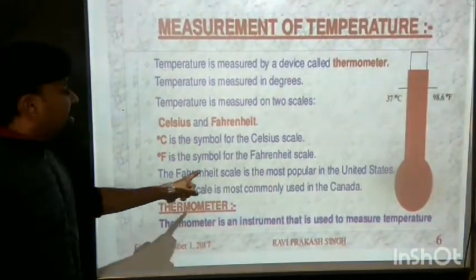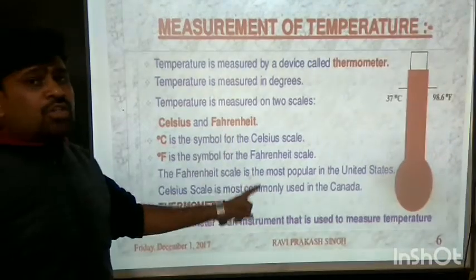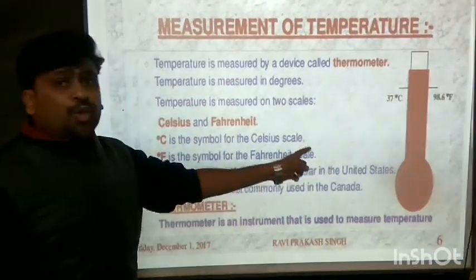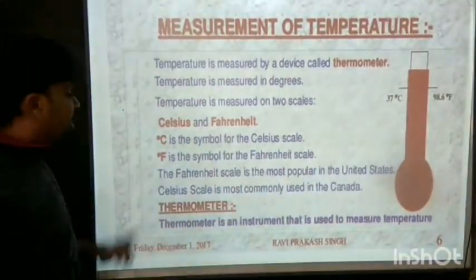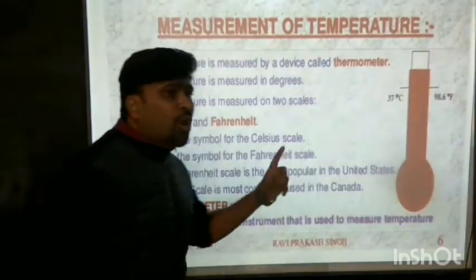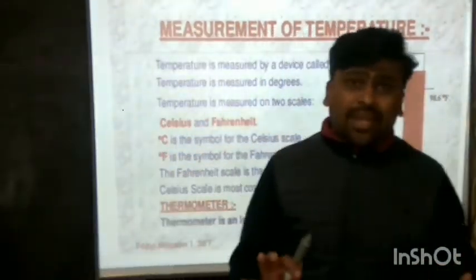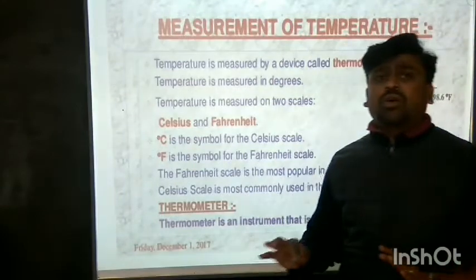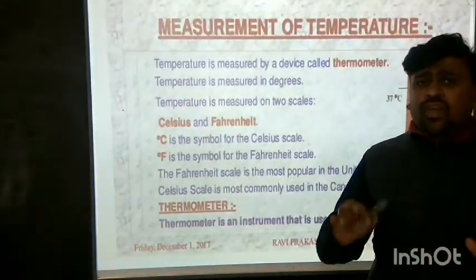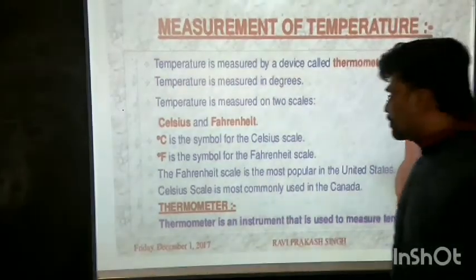The Fahrenheit scale is most commonly used in the United States and the Celsius scale is most commonly used in Canada. In India also we are using the Celsius scale. Clear?